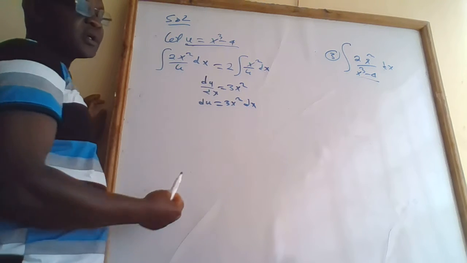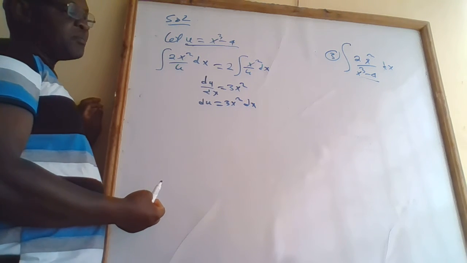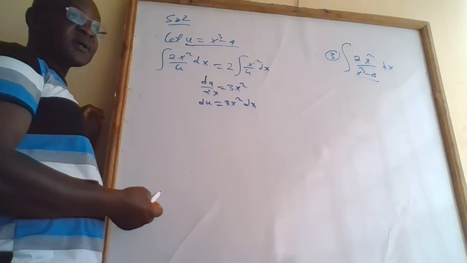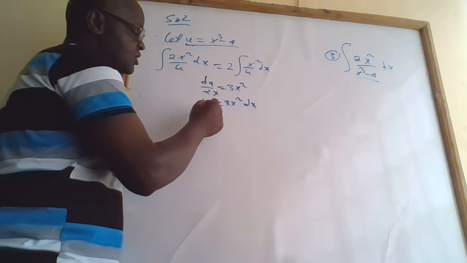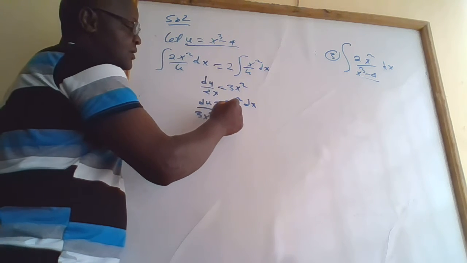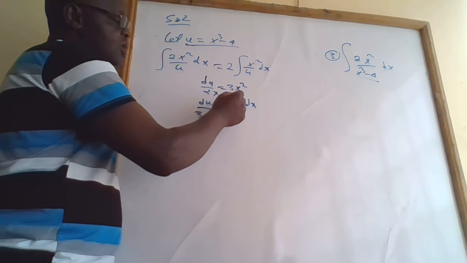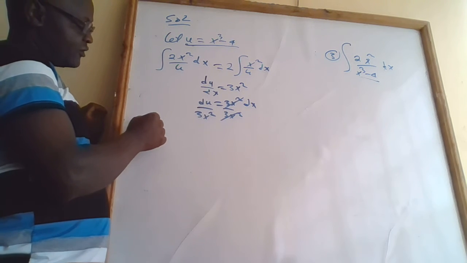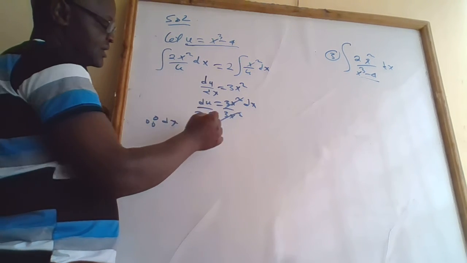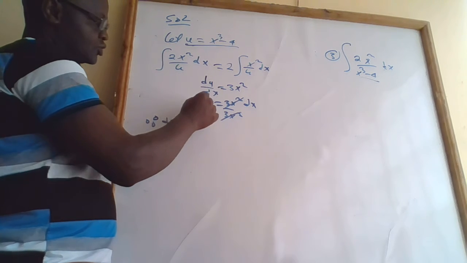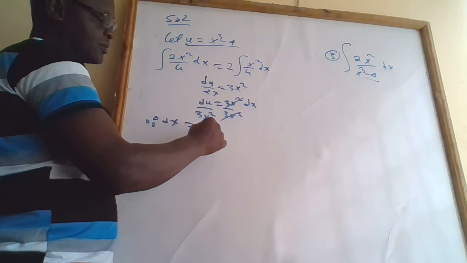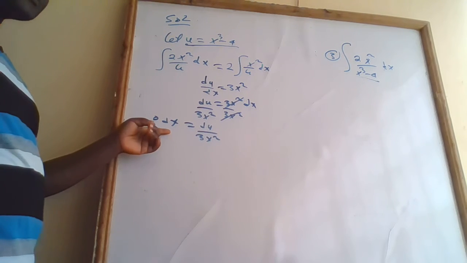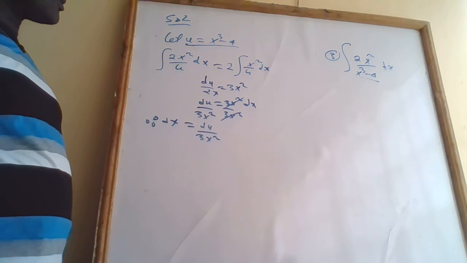So from here we make dx the subject by dividing through by 3x squared on both sides of the equation. So this one cancels with that one. And therefore, dx will be equal to du all over 3x squared. So we have expressed dx in terms of du.